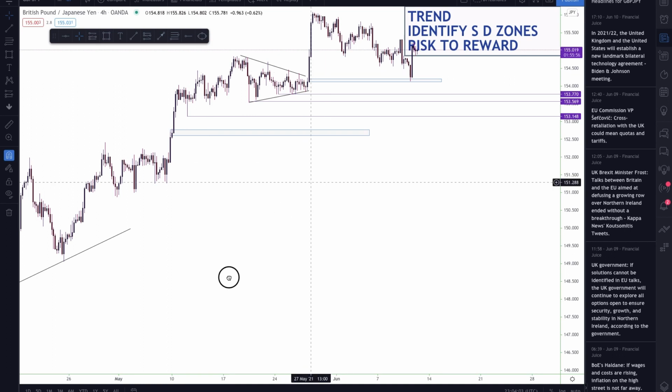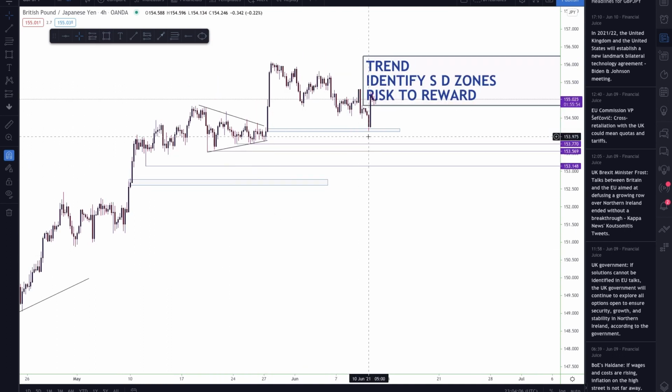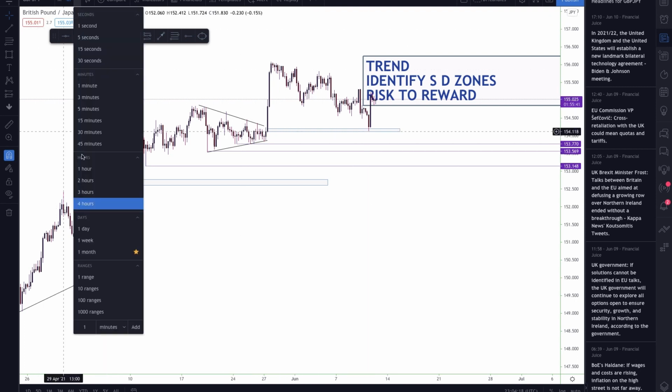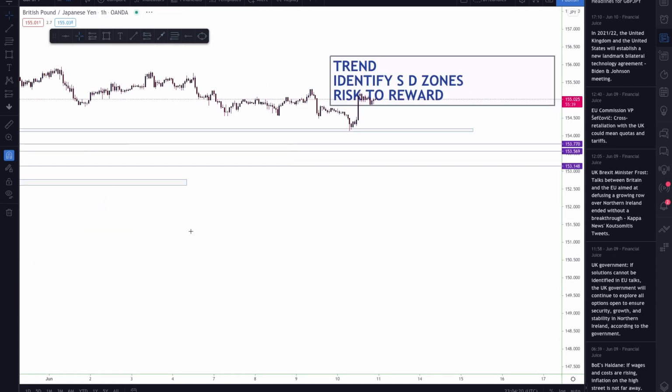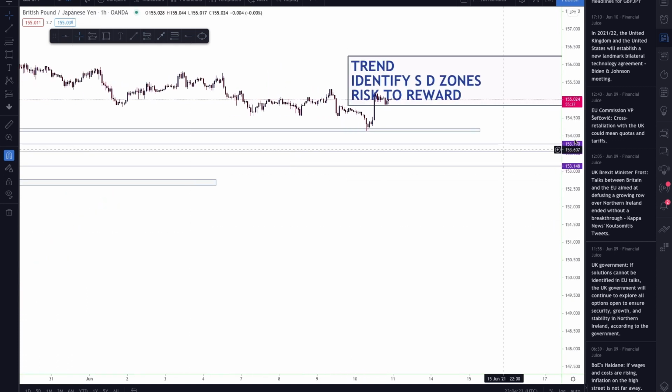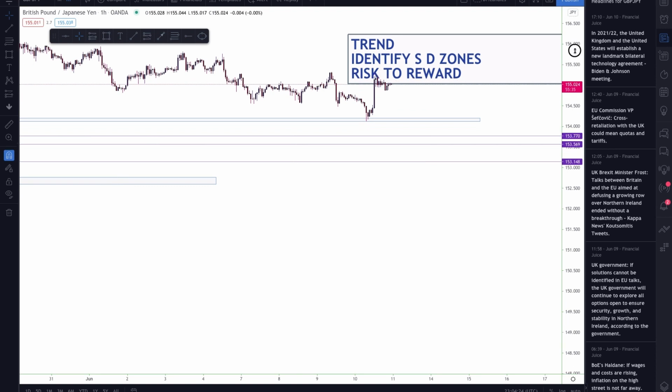With an uptrend, there is no way I will ever sell this pair. I always want to follow the trend. So the first indication is the uptrend.